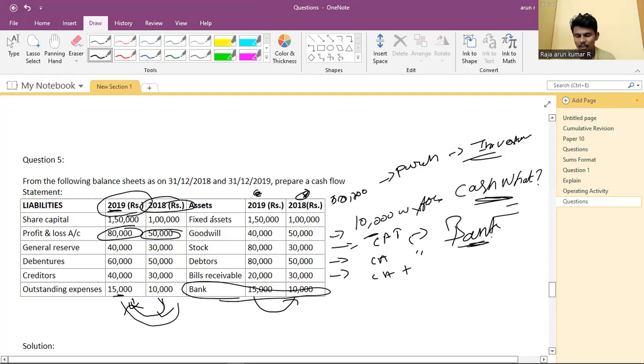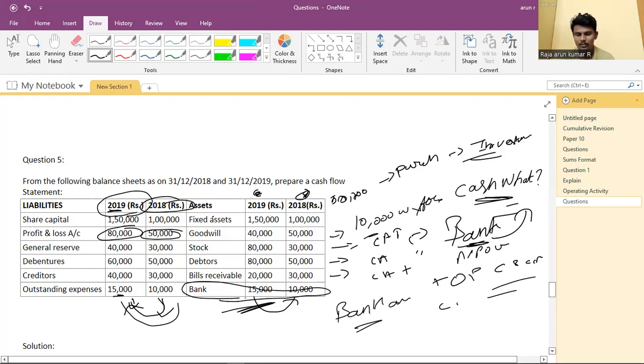That bank is also included in cash. In the cash flow statement, you conclude with net profit from operating activity, add the opening balance of cash and cash equivalents, and the answer is closing cash and cash equivalent. This bank is cash and cash equivalent. Opening is taken as cash and cash equivalent, and closing also.